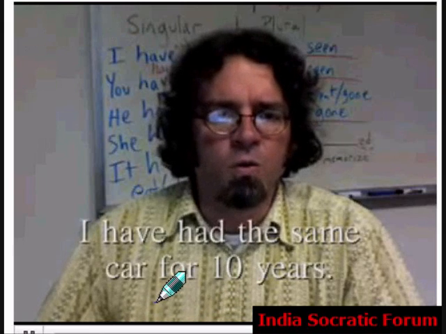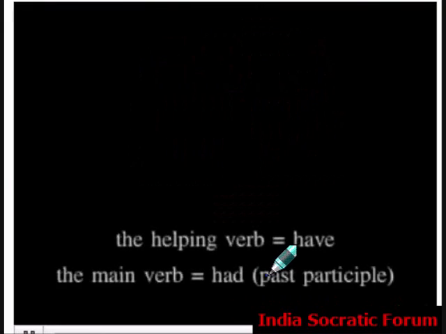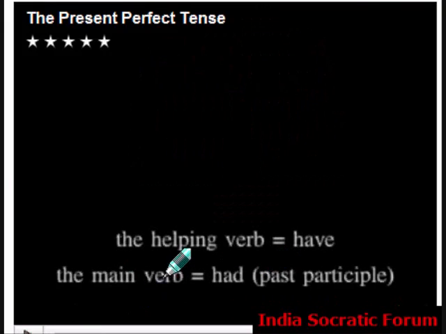The past participle form is had. I have had, right? So the helping verb is have here. The main verb is had. That is the past participle. When these two come together, it's have had.